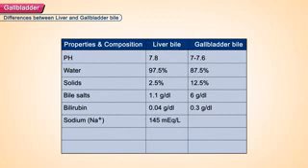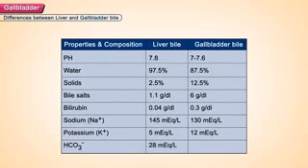Sodium is 145 milliequivalents per liter in liver bile, and gallbladder bile has 130 milliequivalents per liter. Potassium is 5 milliequivalents per liter in liver bile and 12 in gallbladder bile. Bicarbonate is 28 milliequivalents per liter in liver bile and 10 in gallbladder bile.